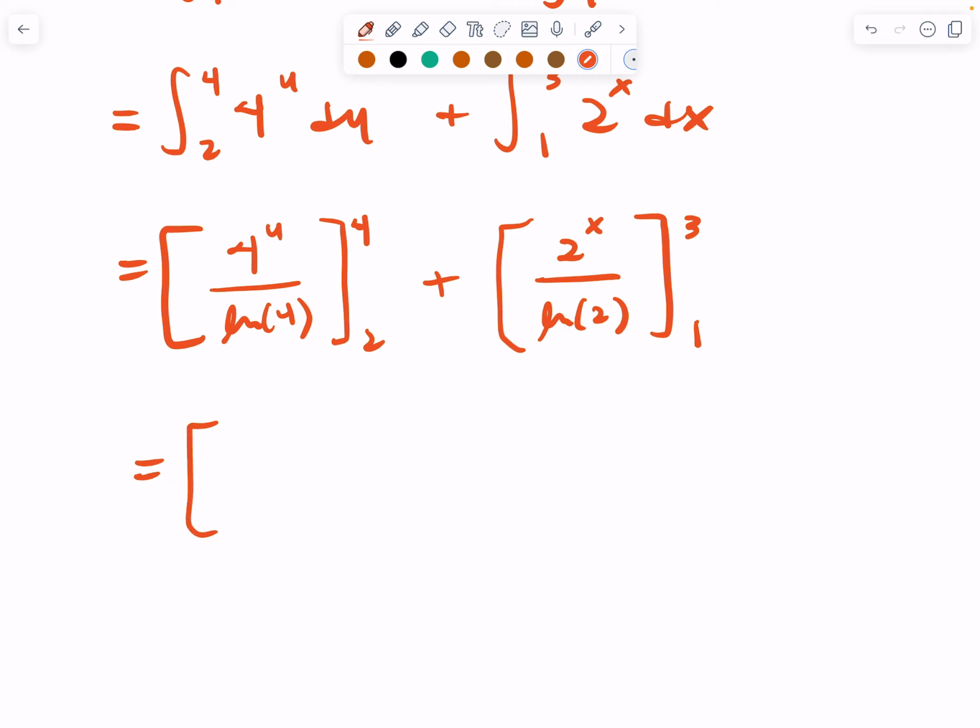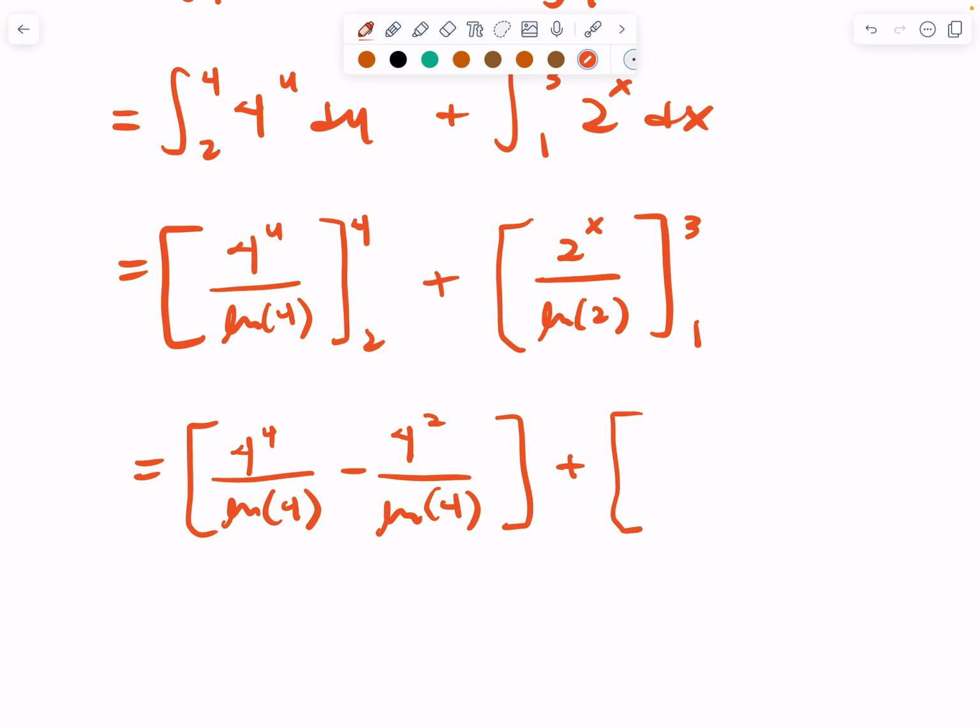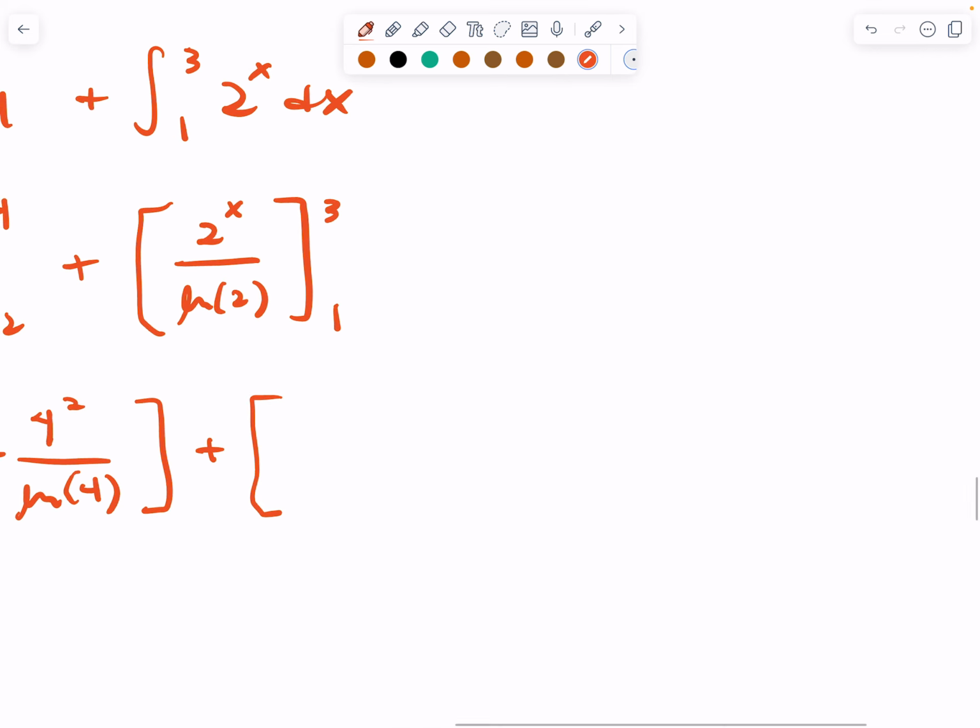And then we can just apply first fundamental theorem of calculus to both of them. So 4 to the 4th over ln of 4 minus 4 squared over ln of 4 plus, okay, first fundamental theorem of calculus, 2 cubed over ln of 2 minus 2 over ln of 2.